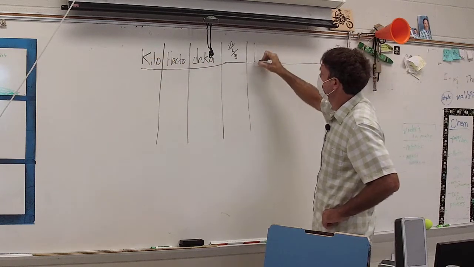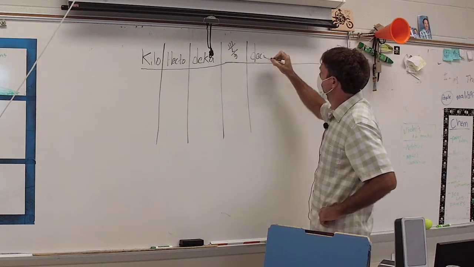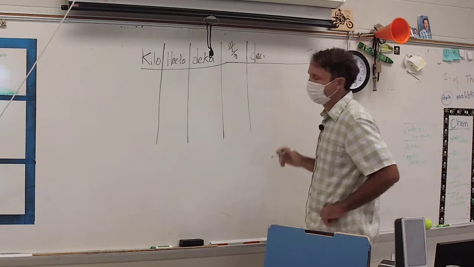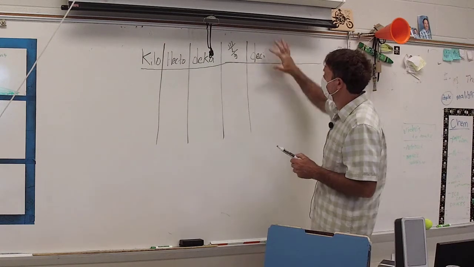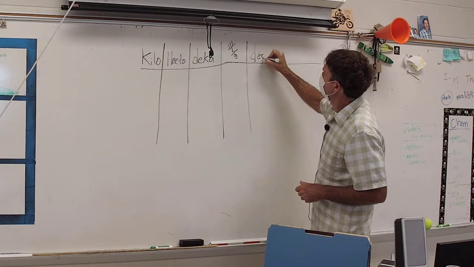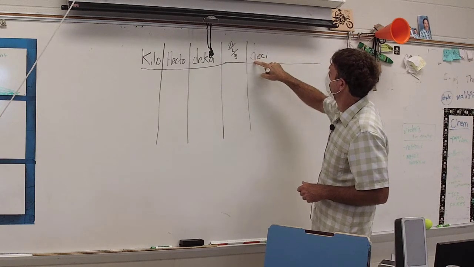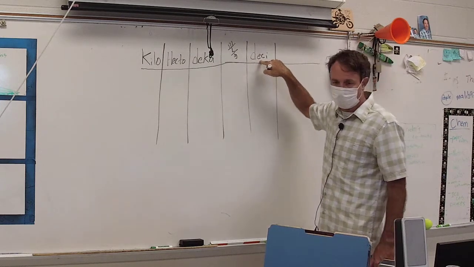Then over here we have deci. That means 1/10 or a decimal, right? A decimal place. Deci, that's D-E. Man, that's bad. Deci. There we go. And then, so deci is a decimal or 1/10.